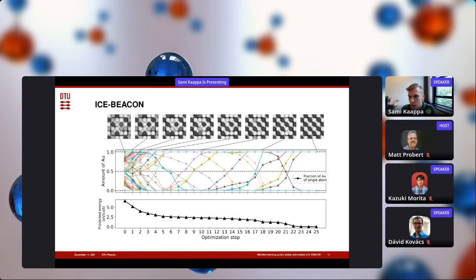Yeah, so this is one local relaxation starting from random structures in the surrogate space, and the training set size here is 4. We have 4 DFT calculations before running this local relaxation, which is quite impressive, I would say.